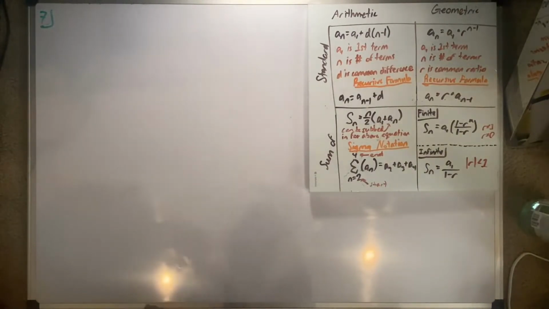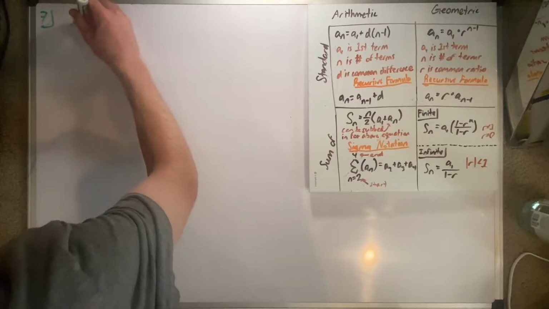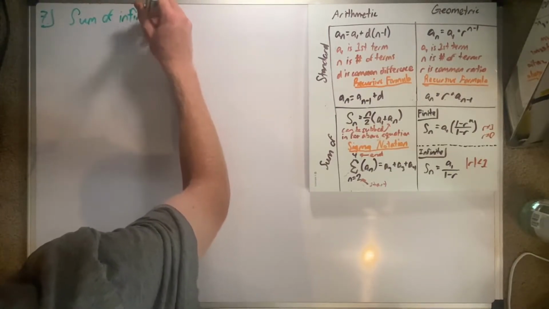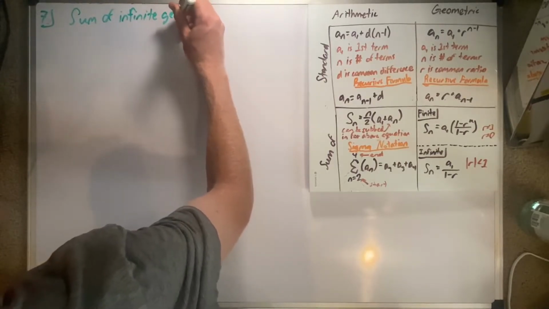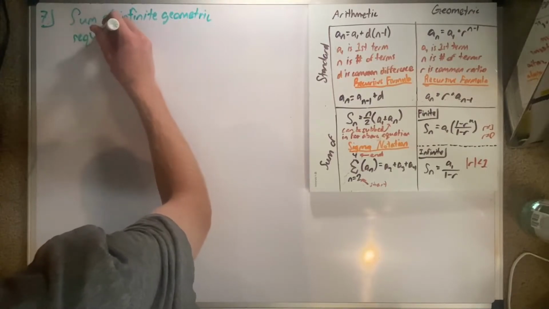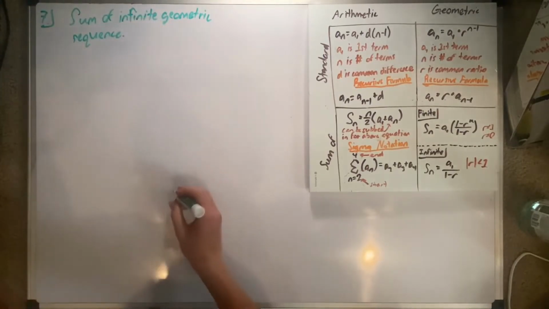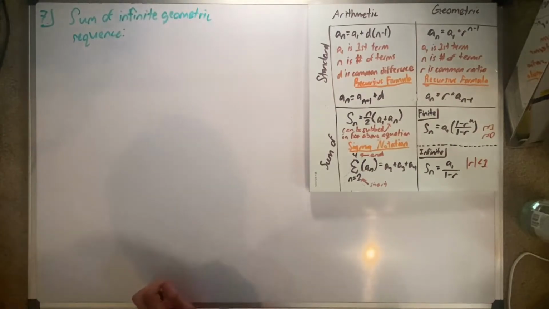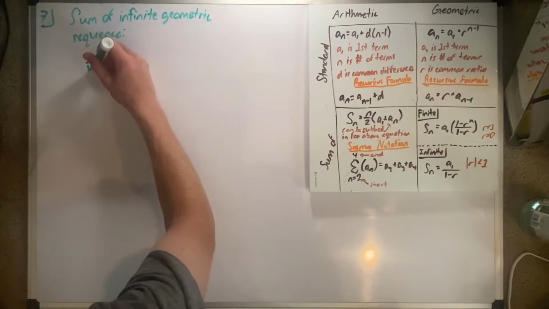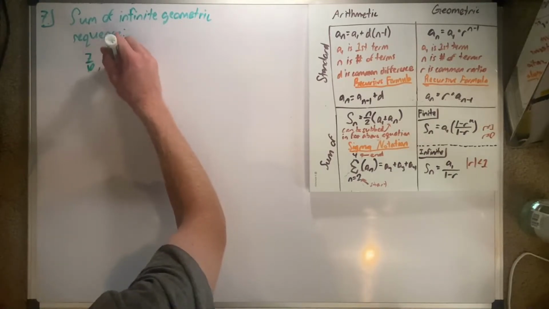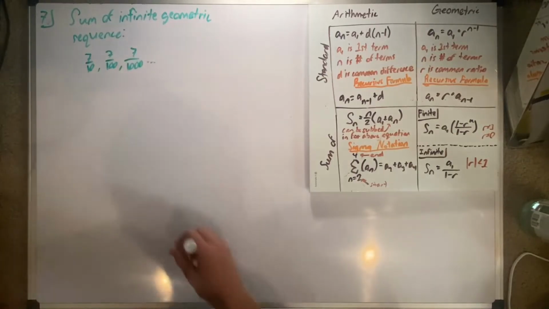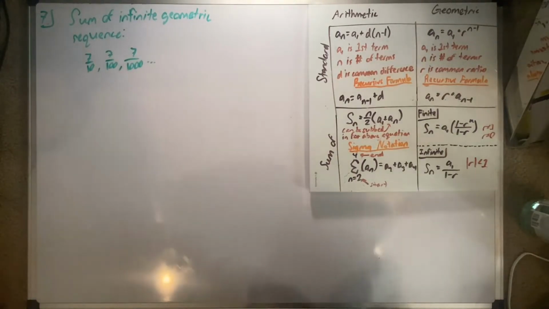So 7 is different. It says sum of infinite geometric sequence: 7/10, 7/100, 7/1,000, and so on.